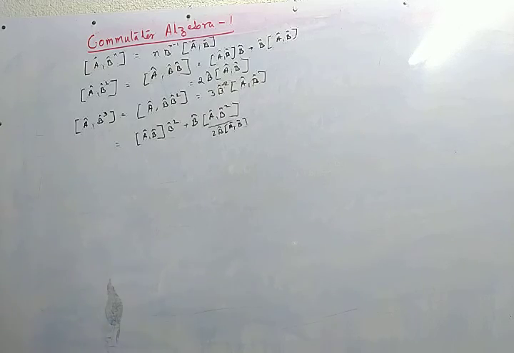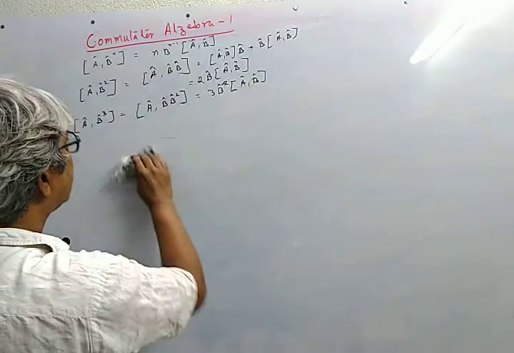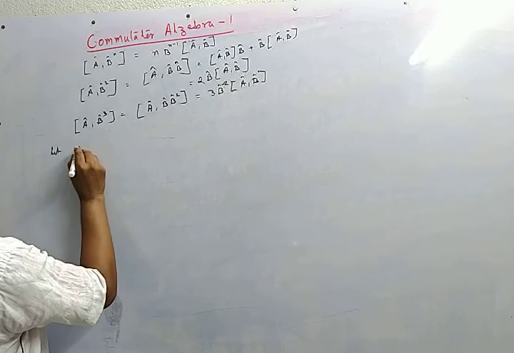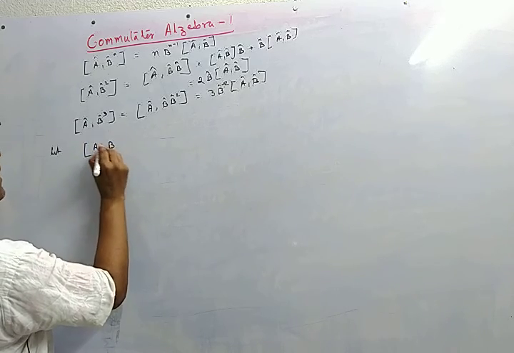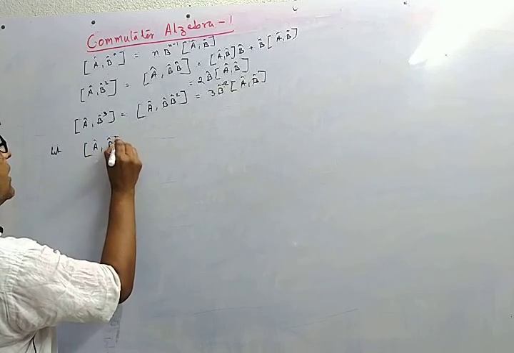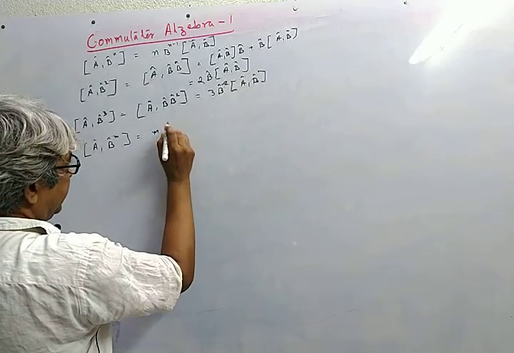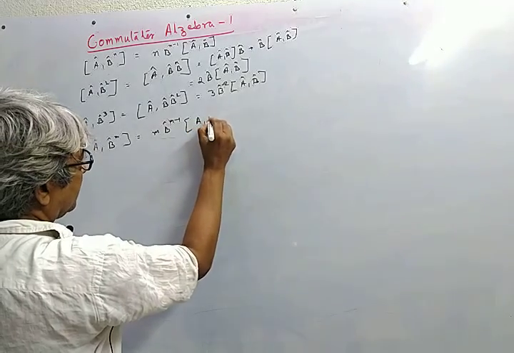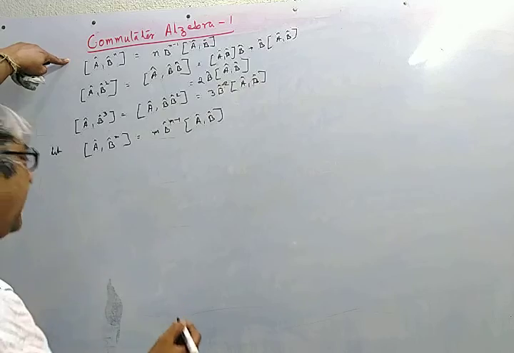2 and 3. Adopting the method of induction, let the relation be valid. Let the commutator of A with B to the power m be equal to m B to the power m minus 1 times the AB commutator. That is, we assume that the relation is valid for m.